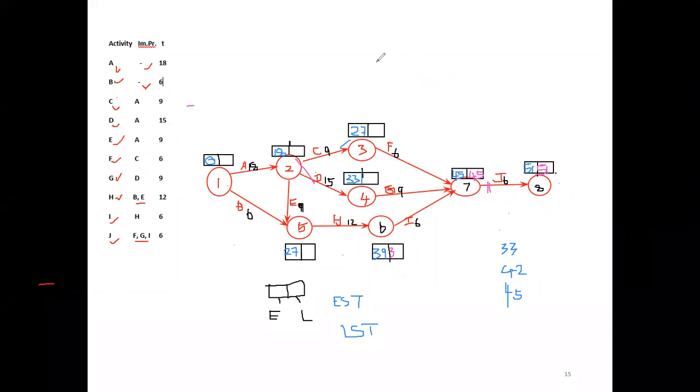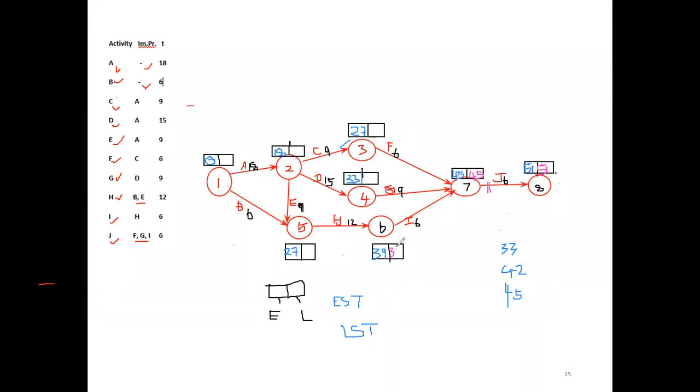That's why here only one activity. So definitely J makes EST equal to LST. So J is the critical path activity. Now you come again to 7 to 6. For event 7, what is the LST? 45. Now we are considering the later part. 45 minus 6 is 39.